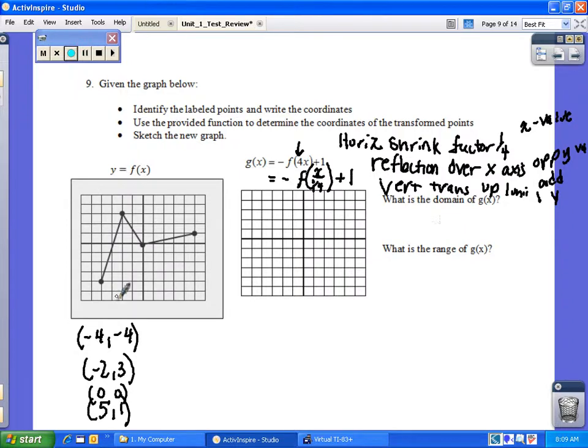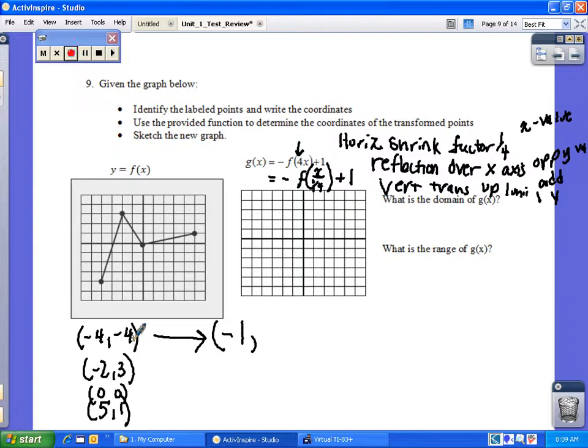So this point is going to now become, first off, the x value multiplied by 1/4. If I multiply this x value by 1/4, that will give me negative 1. For the y value, I'm going to first take the opposite, then add 1. So the opposite of negative 4 is positive 4.